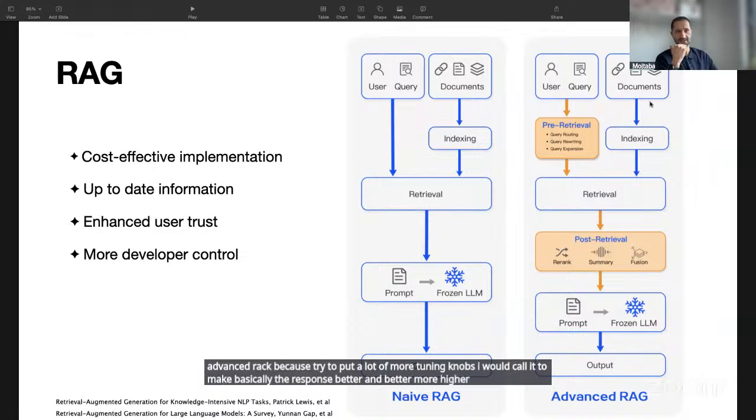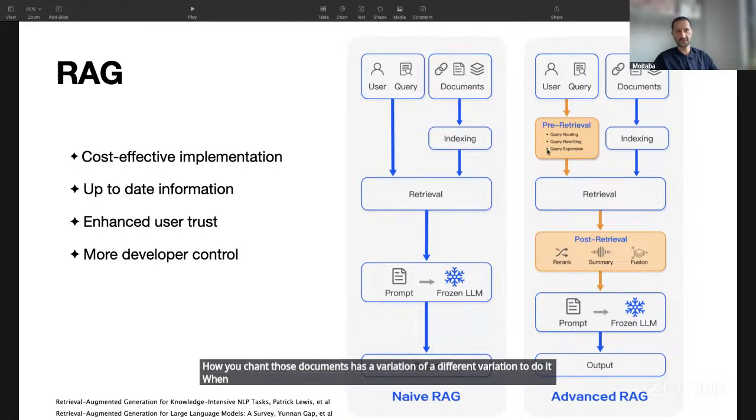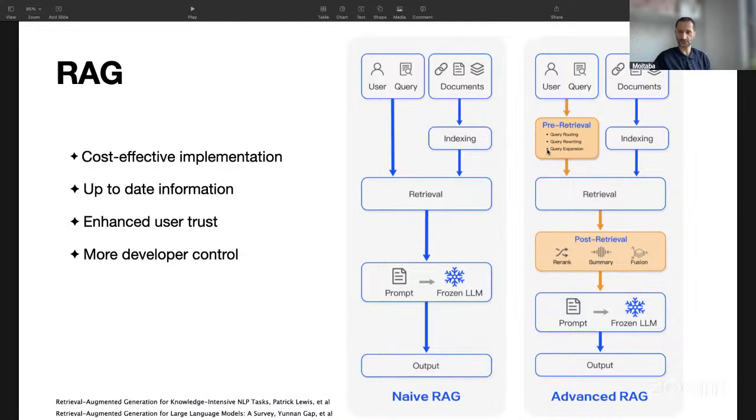As I said, when it comes to documents, there are different variations in how you chunk them. When the user asks a question, you can do query rewriting, because I still see that people have a problem with prompting. Query rewriting and query expansion can help to get a better retrieval from the vector database and also help the LLMs generate a better reply.